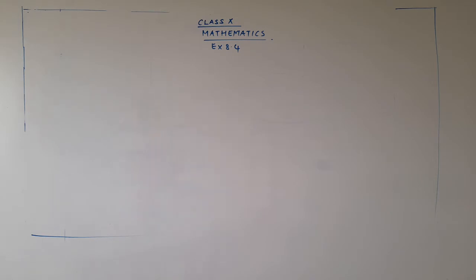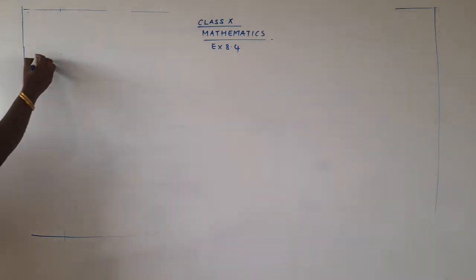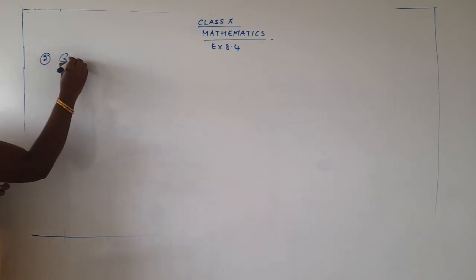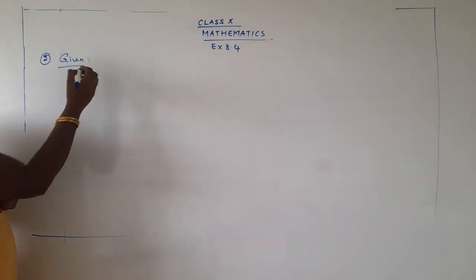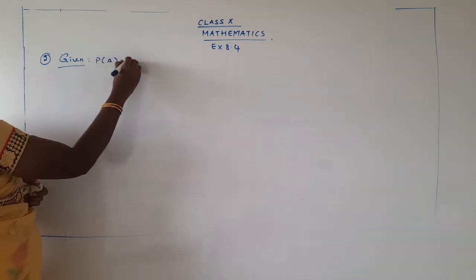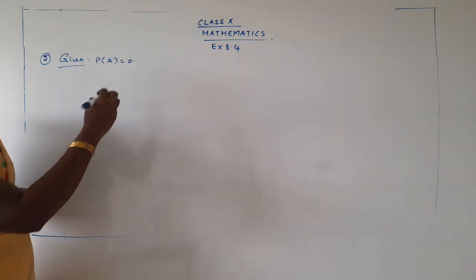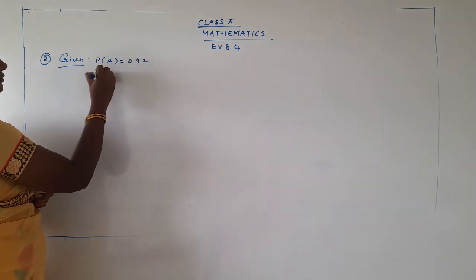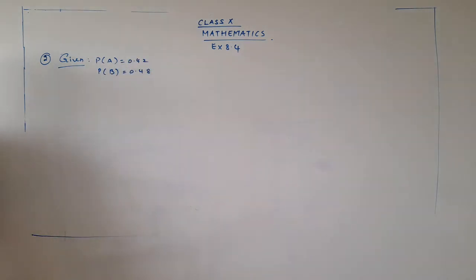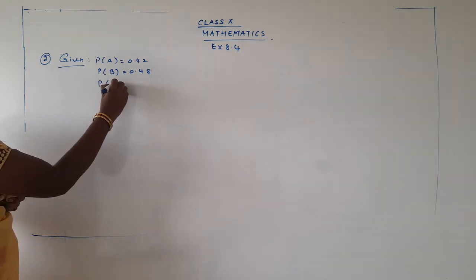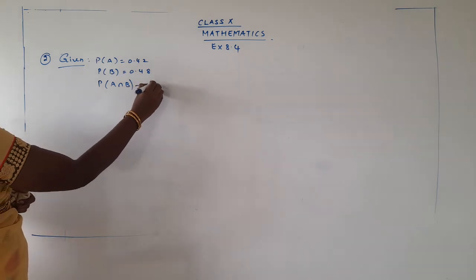Okay, let's write out the given part over here. Sum number 2 given. P of A is 0.42, P of B is 0.48, P of A intersection B is equal to 0.16.